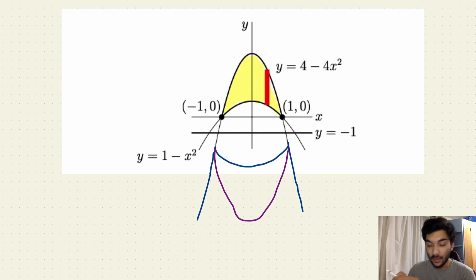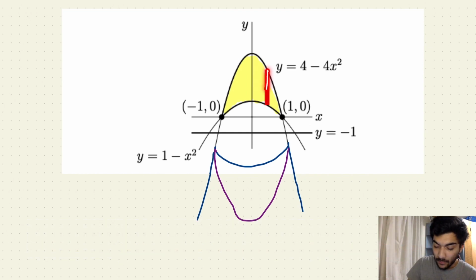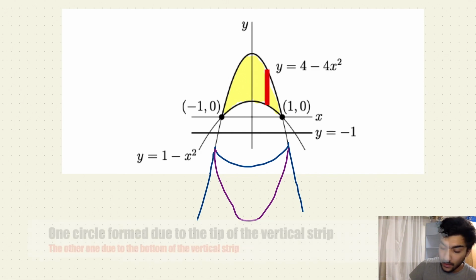But just flipped around. So now when we take a vertical strip and build an arbitrary aerial strip around that, you'll notice that when you're rotating this arbitrary strip around the line y equals -1, you are basically building two circles over here, right?